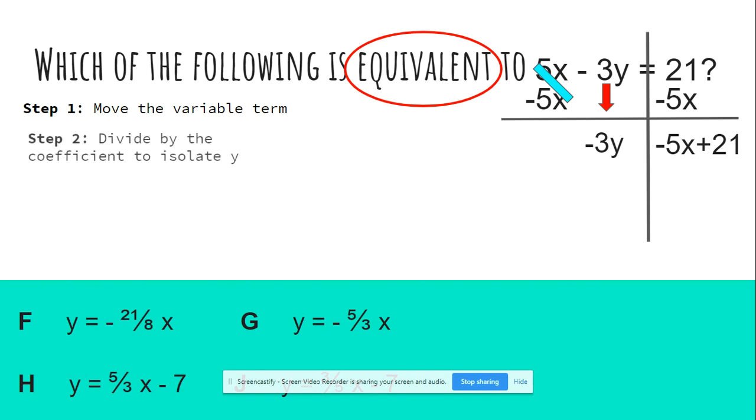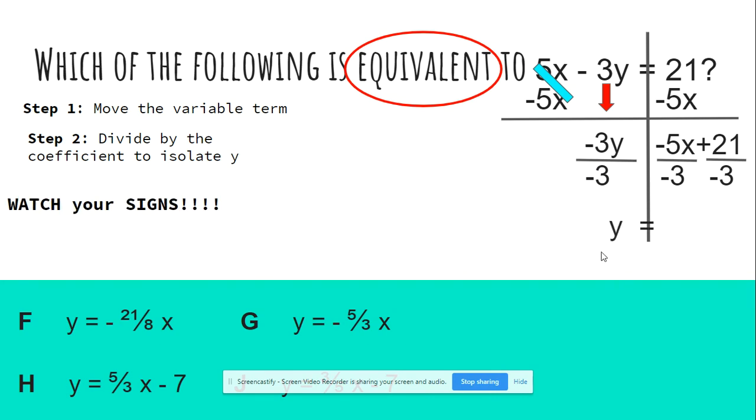Okay, step 2, we're going to divide by the coefficient. Remember, the coefficient's the number next to the letter. We're going to divide by the negative 3 because I want y by itself. What you do to one side, you have to do to both sides. So negative 3 divided by negative 3 just gives me y equals. Watching your signs is very important.